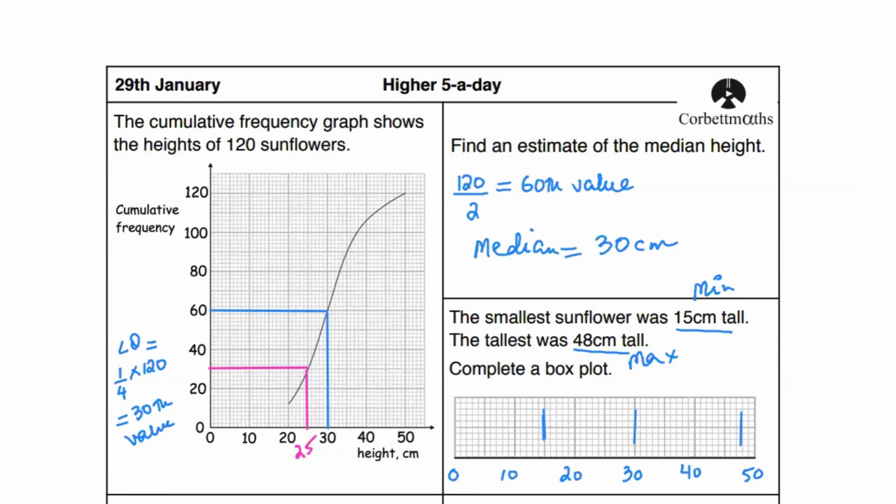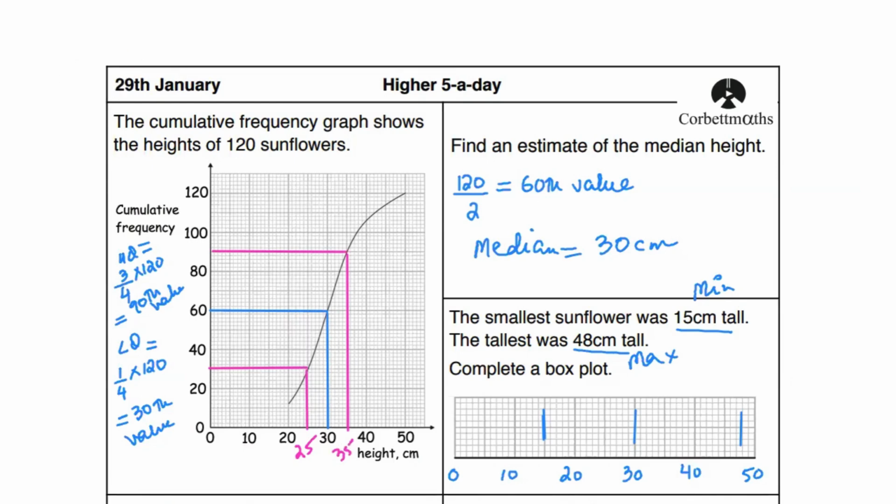And then for the upper quartile, we need the 3/4 of 120, which is going to be 90th value. That is it. 35. So lower quartile is 25, upper quartile is 35.